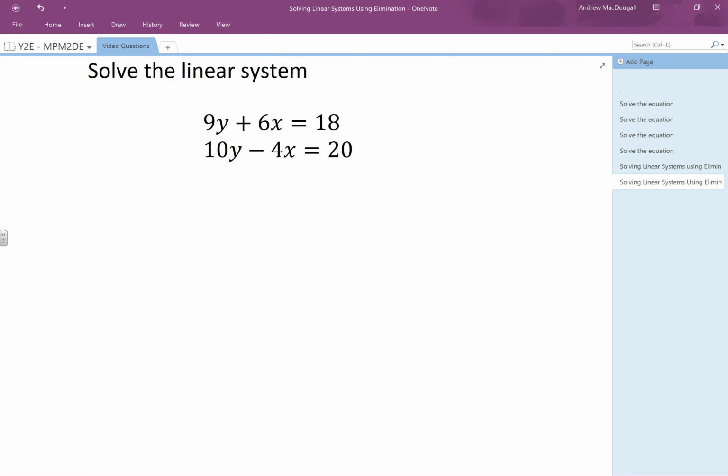So really I need to think about the least common multiple of 6 and 4 in order to line up the x coefficients.